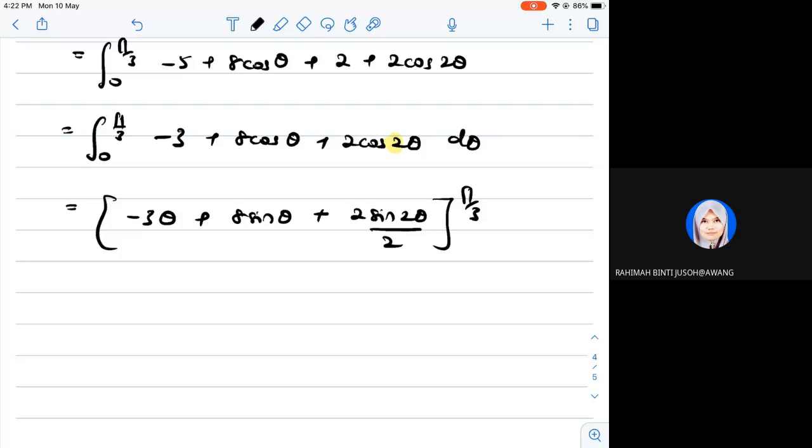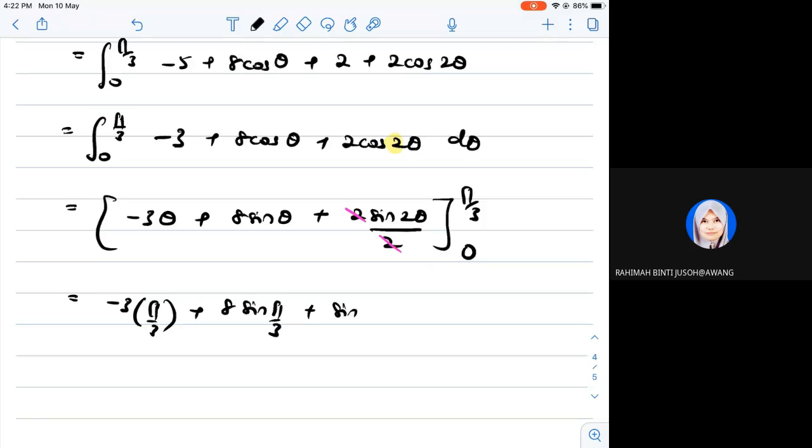Substitute theta equals pi over 3 minus 0. Now we can cancel this of course. So we will get negative 3 times pi over 3 plus 8 sin pi over 3 plus sin 2 pi over 3. Minus, substituting 0: 3 times 0 is 0, sin 0 is 0. Like that.